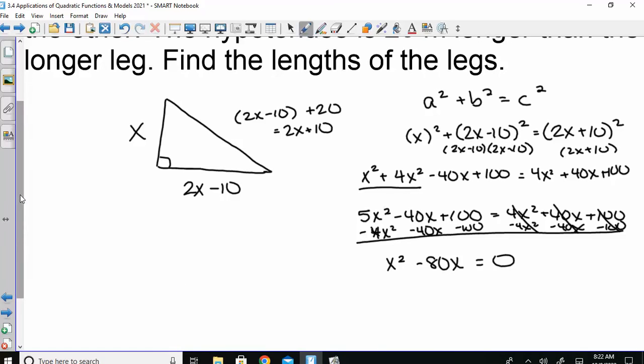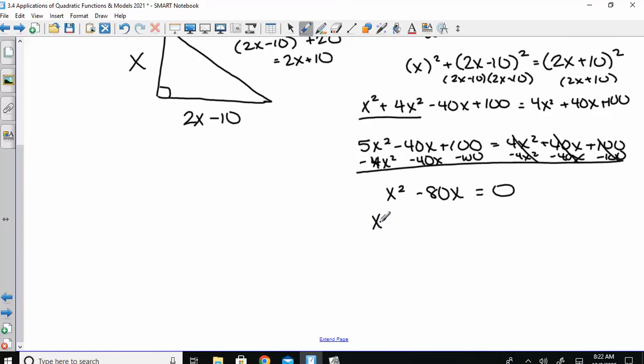What do I do now? GCF, we could take out an x. So set each one to 0, so x is 0 or 80.